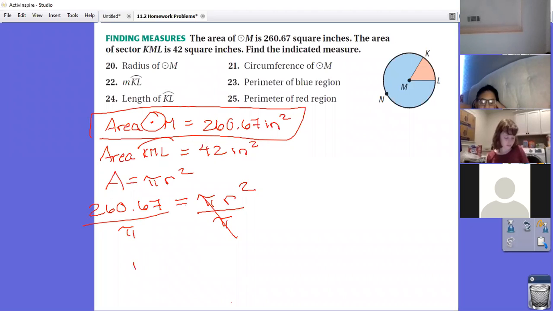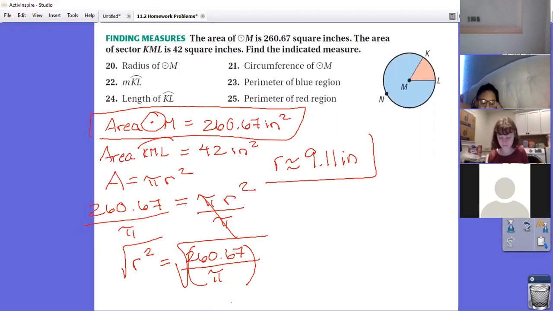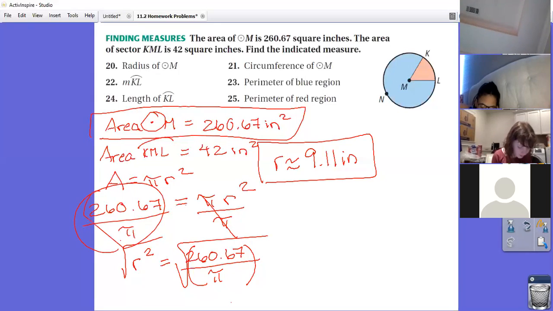So right now I have r squared is equal to 260.67 over pi, and I try not to divide out pi already because then I'll have to round and then round again. So to get r by itself, I'm going to take the square root of both sides. In your calculator, make sure you put parentheses around that fraction. And so you get r is approximately 9.11 inches. So I would do the square root and then that fraction, 260.67 divided by pi, all in your calculator. That way your approximation is a little bit closer than it would be if you divide by pi here.